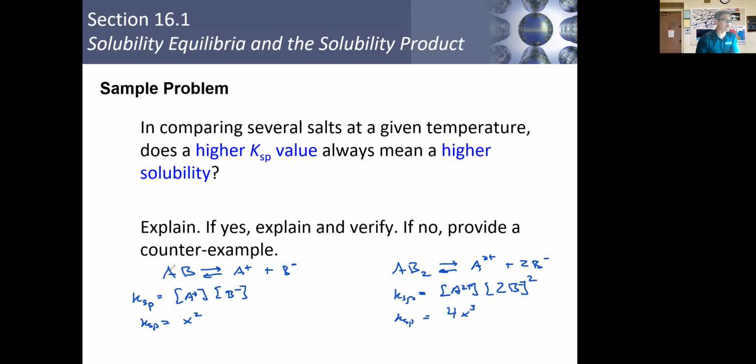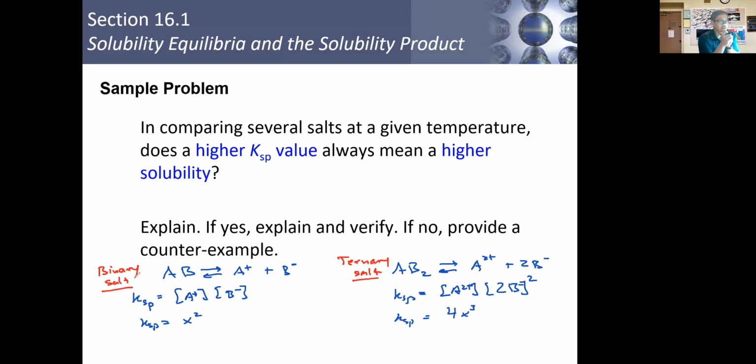This is what we refer to as a binary salt. Remember, we talked about this back in first year chemistry. Binary means it's only made up of two components here. This is what we refer to as a ternary salt, meaning that there are 3 atoms that comprise this particular compound.